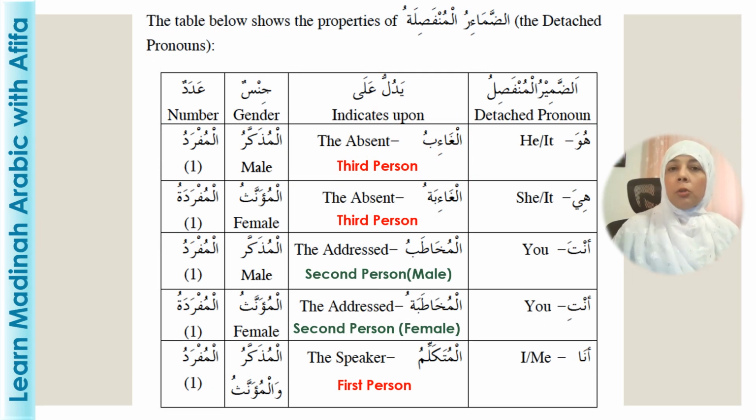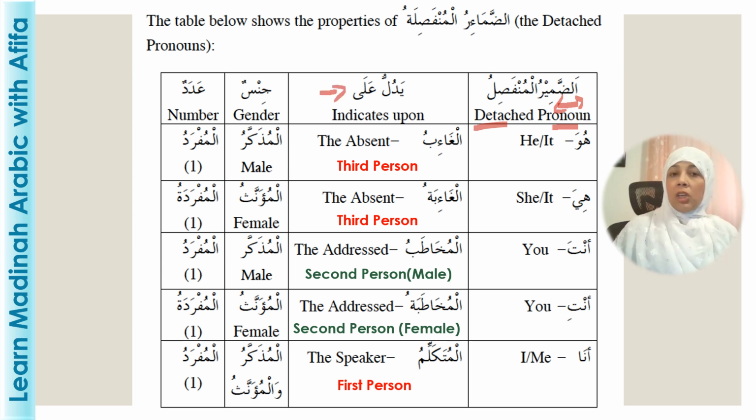So now I'm going to go over some Arabic terminology that is optional for you to know, as long as you understood the singular pronouns that we covered today. That's all that you should know. So we studied pronoun today, which in Arabic is ad-damiru. And we said the pronouns were detached, which in Arabic is al-munfasilu. Yadullu ala means indicates upon.